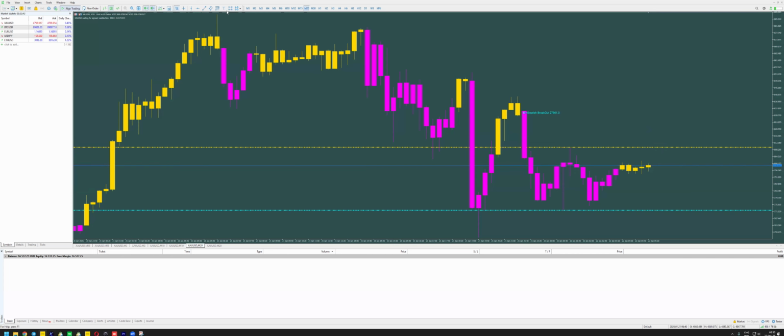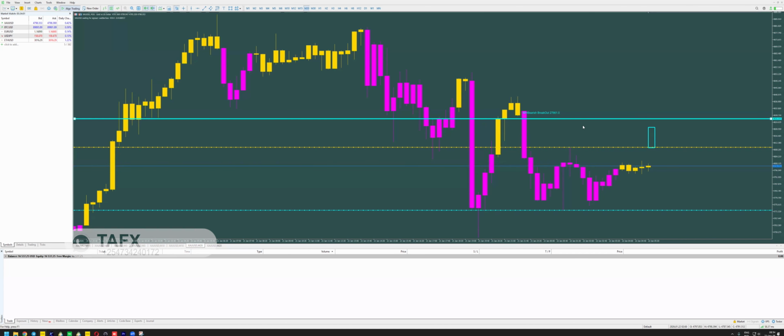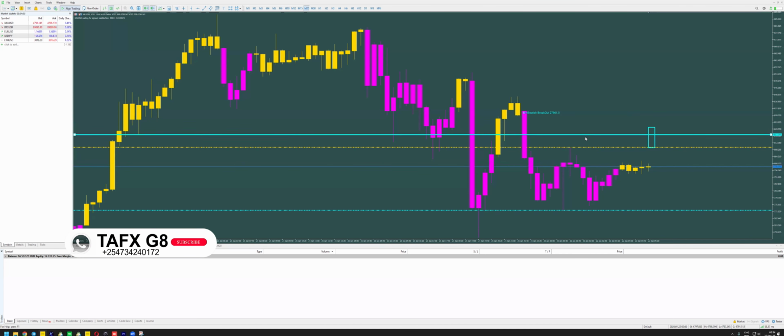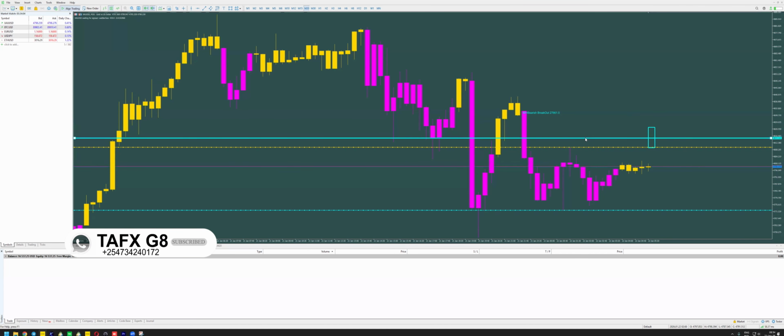Let me bring it again. This tells you that if the market breaks this point here with a good bullish momentum, there is something that will be filled on our left. At this point, let's say, for example, here, and this point automatically.